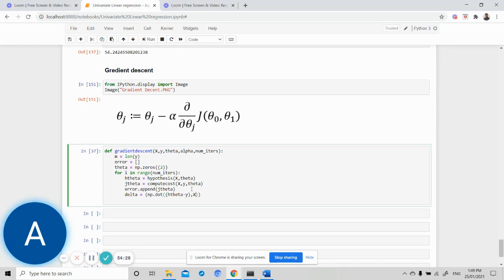So again, if you need to do matrix multiplication, one needs to be transposed. Okay, so I am doing transpose, then divide by m. Then this is multiplied by alpha. Okay, so this is my equation.